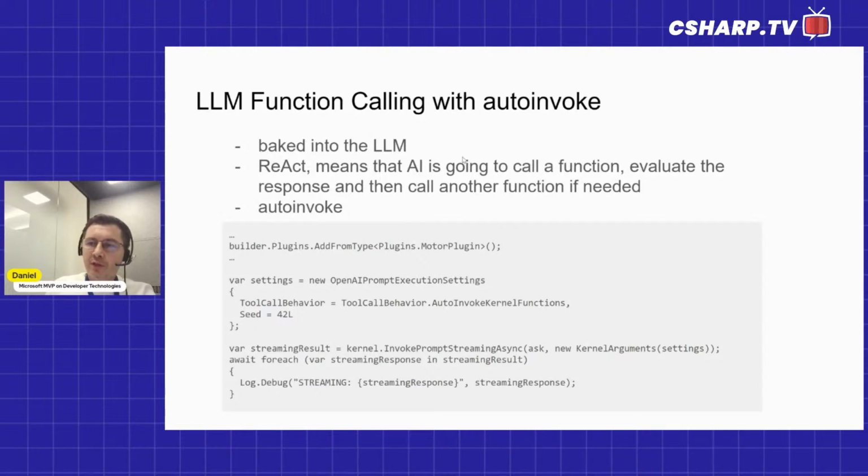So as I said, the response is coming back this time with some requests for these special functions which are running on the client side. They are getting some response, for example, the weather and daytime.